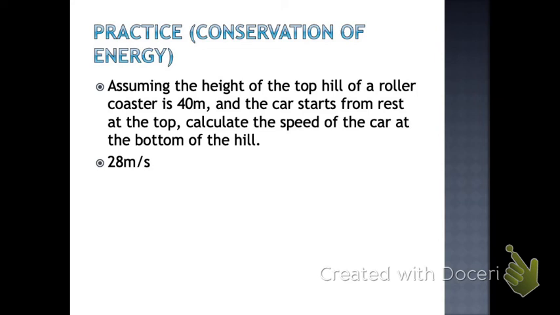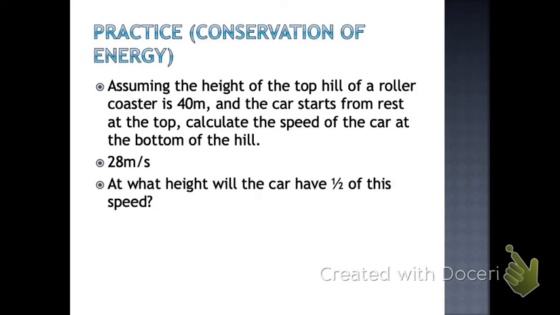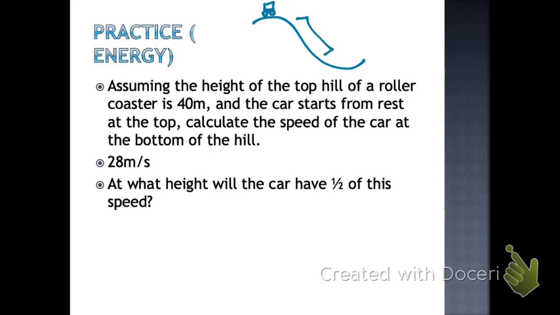We want the car to have half that speed, which means if we're looking at our diagram again, if we've got our roller coaster, we're starting at the top. And at some point in here, we're going to have a velocity of 14 meters per second, right? Because that's half of our top speed. So we want to find at what height we're going to have a velocity of 14 meters per second. But at any point in here, what type of energy do we have?